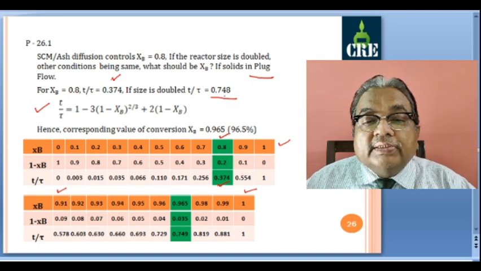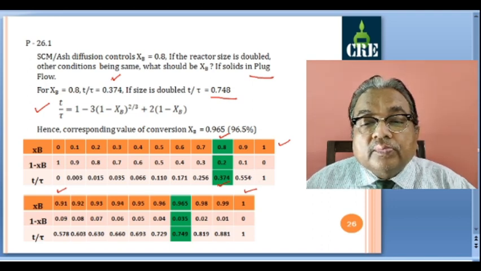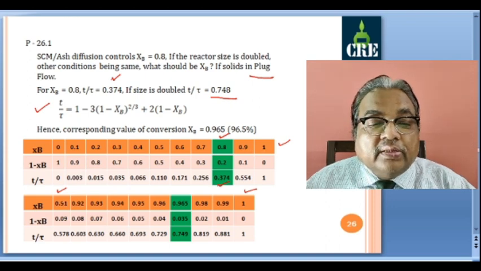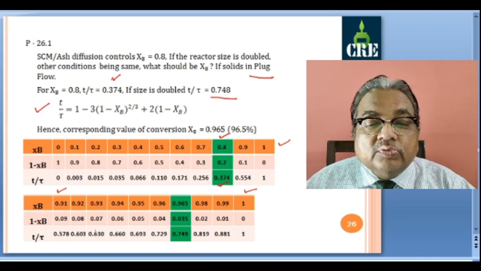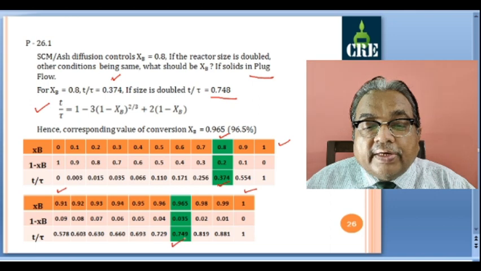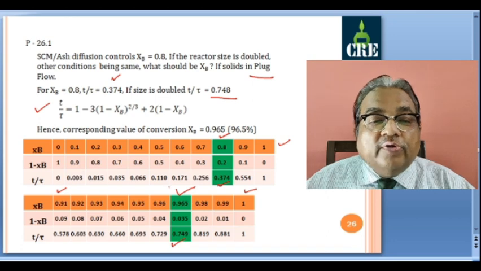And we want for 0.748 and this value is 1. So my value of conversion for this value I want. So I want value in between. Between this I am taking 0.91, 0.92 and so on, and I calculate this once again, and now this is 0.748. So for 0.749 this is matching to 0.965.